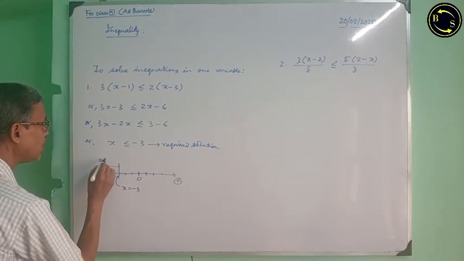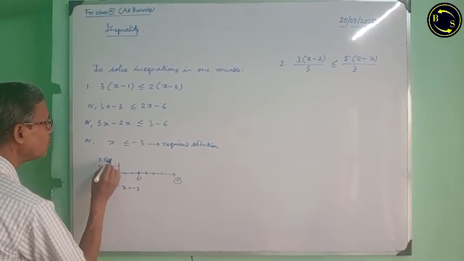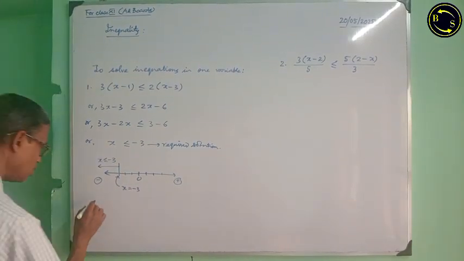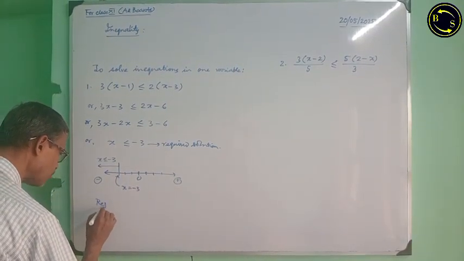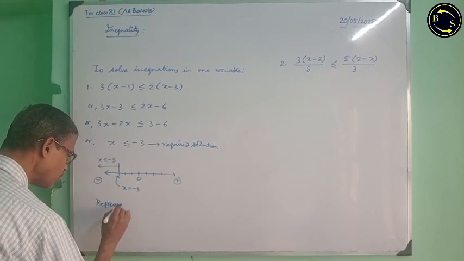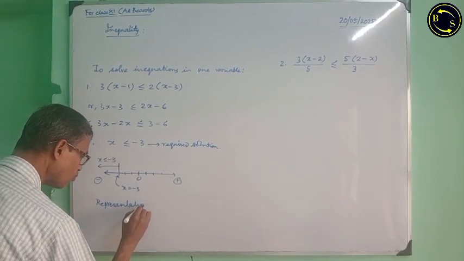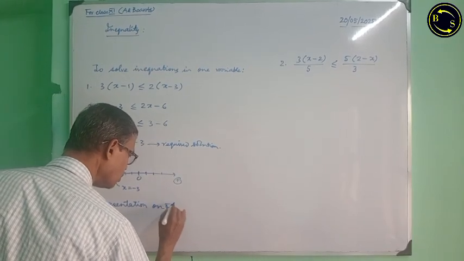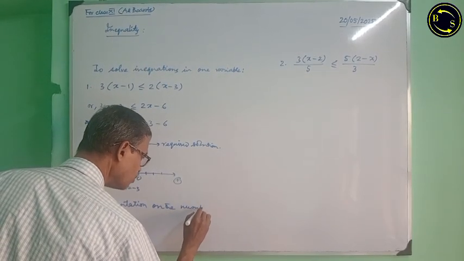Therefore, x less than or equal to minus 3 is represented by this representation on the number line.